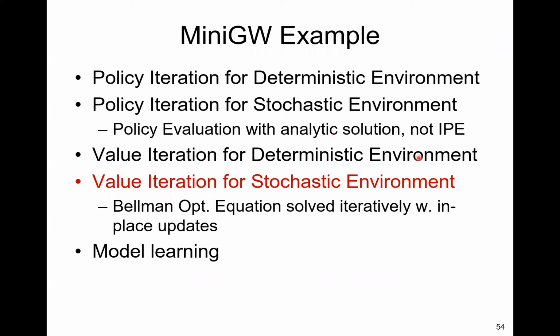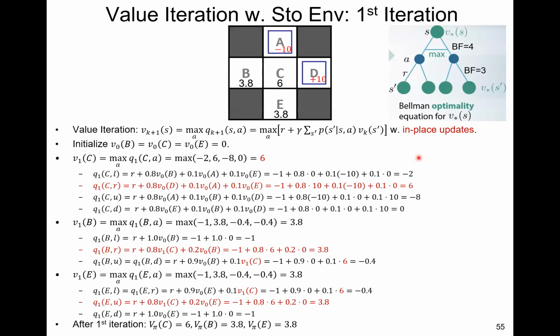Now let's look at value iteration for the stochastic environment. The branching factors: from a state node, you get 4 branches for the 4 actions, and from a state-action node, you get 3 branches for the 3 possible directions for each action.